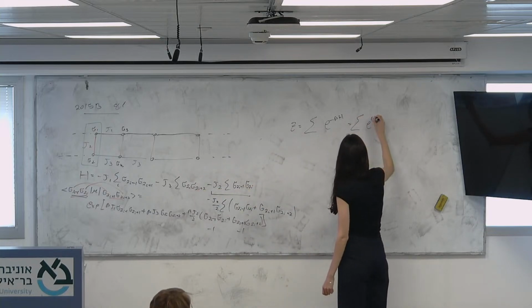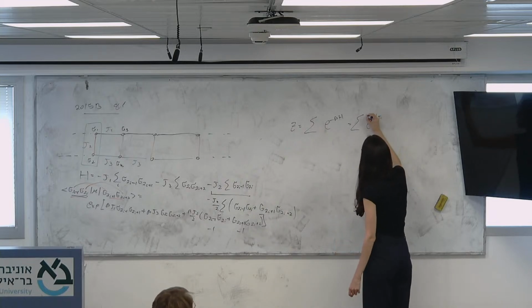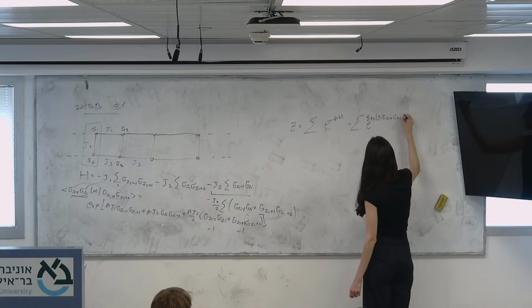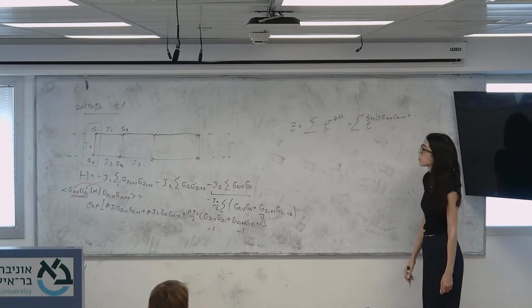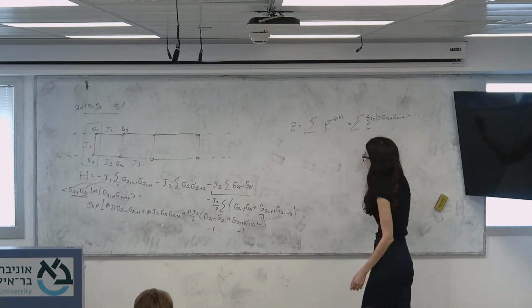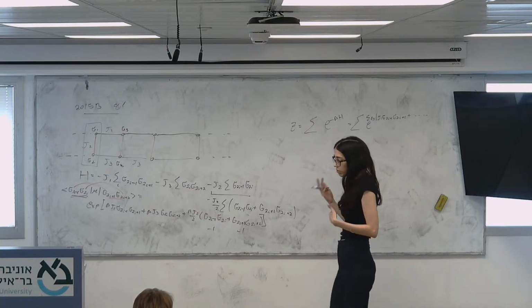We have e to the beta J1. So we have some overall i, so we have sigma 2i minus 1 and sigma 2i plus 1, for example. And then there is the rest of the Hamiltonian. Same as we did with the Ising model, I just didn't do it here explicitly because it's going to be too long.